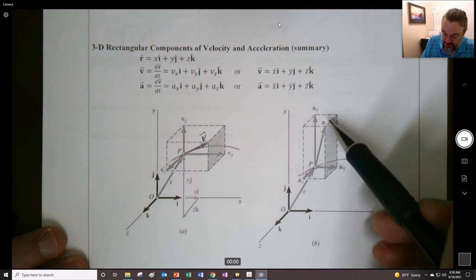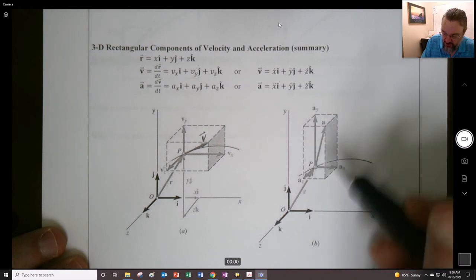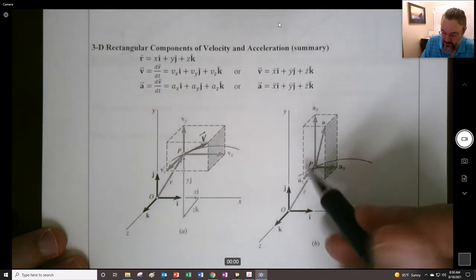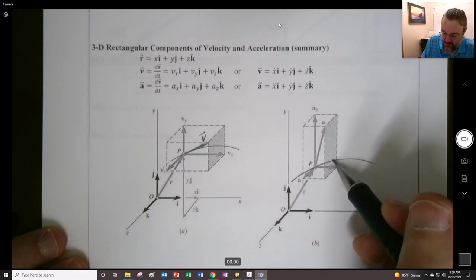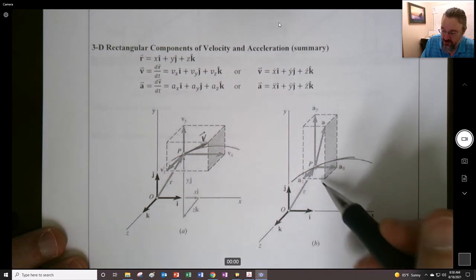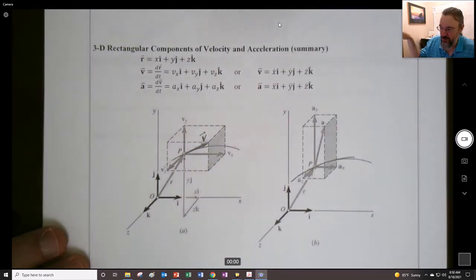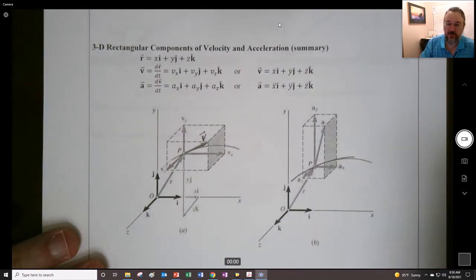The acceleration here, and I'm not sure I agree with the vector that they chose to put in there, because one thing we're going to find in path coordinates is that the acceleration due to the change in direction is going to be towards the center of the arc of curvature. So they're drawing it this way, and I think maybe it would have been better another way.